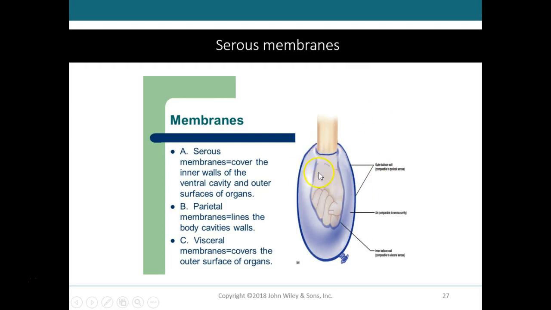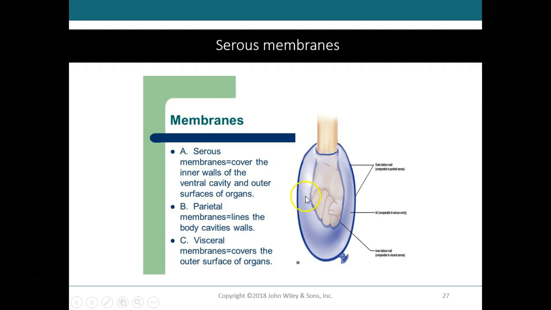So let's think instead if this were the heart instead of the fist. So the heart would be the viscera, the organ. On the surface of the heart, the serous membrane would be the visceral pericardium, pericardy around the heart. Lining the cavity the heart is in would be the parietal pericardium, the serous membrane that lines the cavity around the heart.